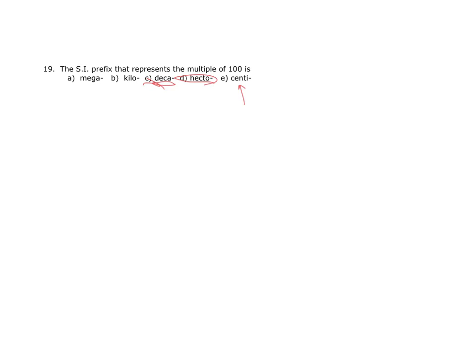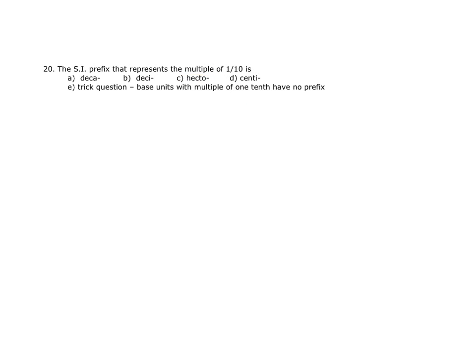So this isn't one that gets used a lot, but hectares is actually a measurement of area. It's like acres, but in the metric system. So it's just not one that's used a whole lot, but we would use it if we were measuring something in hundreds. 1/10 is deci, like decimal, right? The decimal is measurements in tenths.